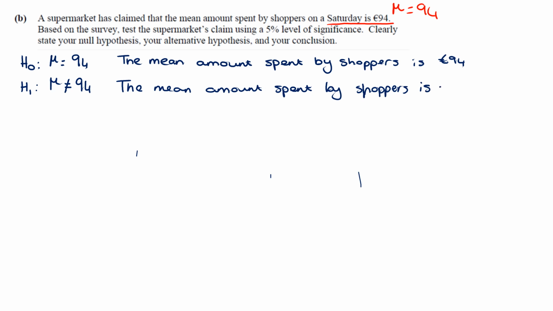And that covers everything. It's either 94 or it's not 94. You will get your marks for just leaving it as mu equals and mu does not equal, but it's helpful for you to have it in terms of 94 and not 94.